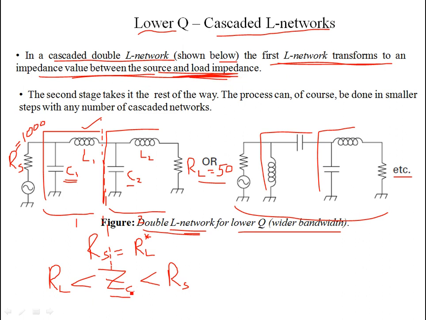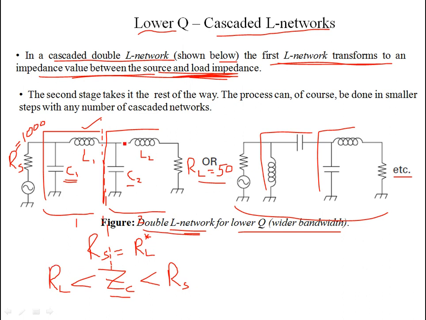So if you have to design a double L network, then your center impedance will be a transformation of the impedance, and its value will lie between the load and the source resistance. It will be less than the source resistance if that is higher than the load resistance, or it could be the other way around. If the load is 1000 and this is 50, then ZC will be greater than RS and less than RL.